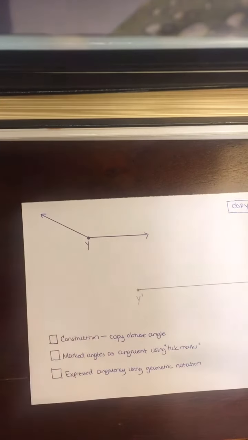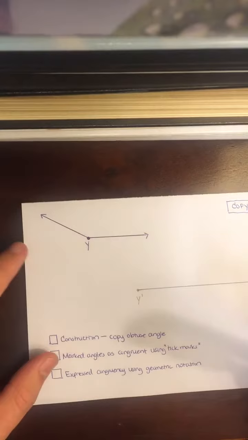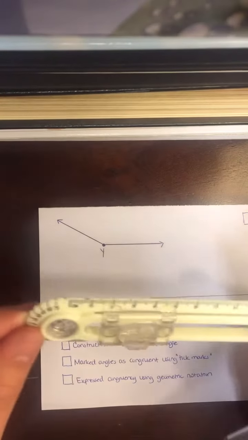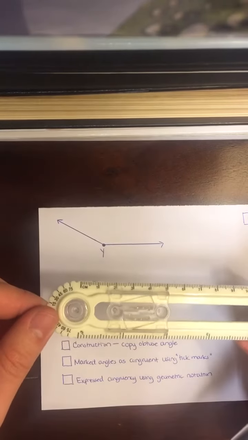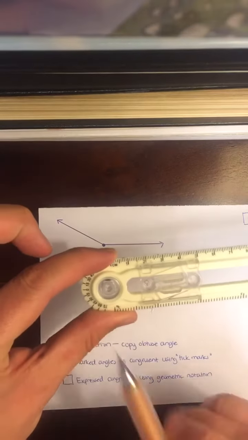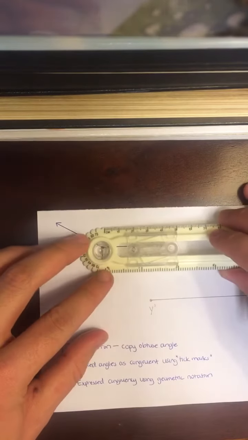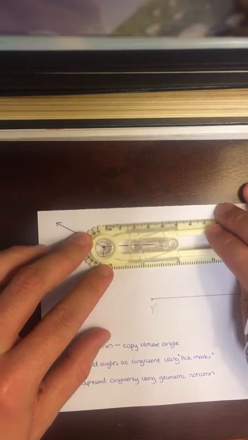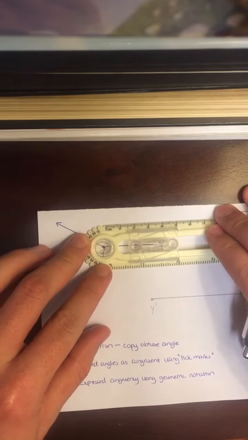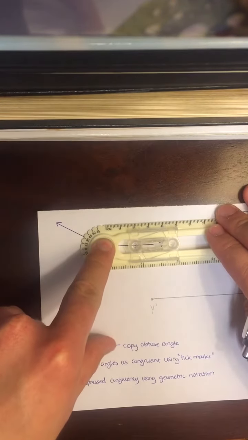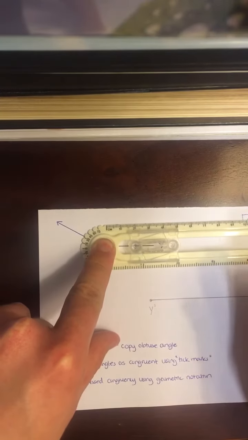I'm going to go back to my original image of my obtuse angle, and I'm going to start now using my geometric tool here, my compass. I'm going to take the window of my compass here, and I'm going to place it completely over top of point Y. I'm going to hold down my finger on that and press firmly, that way it doesn't move at all.